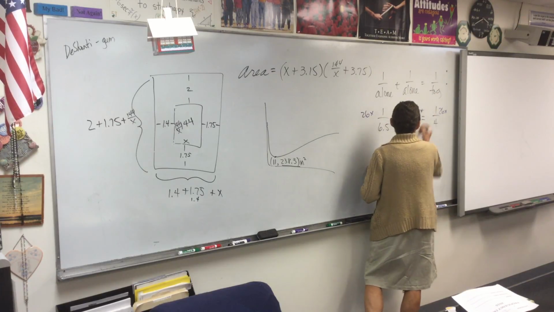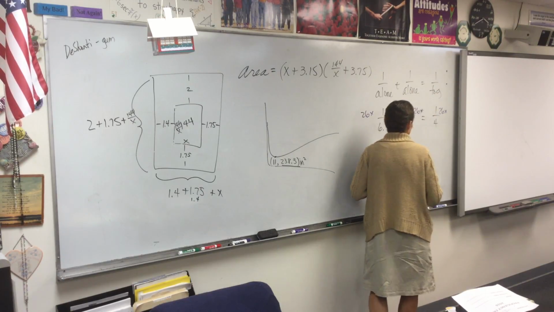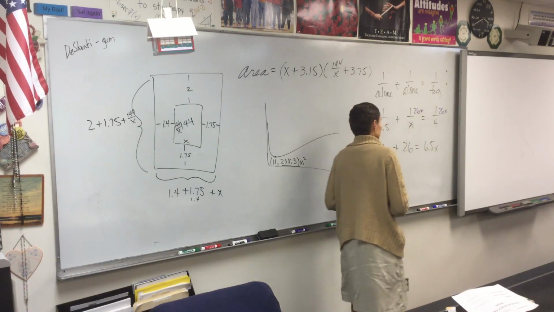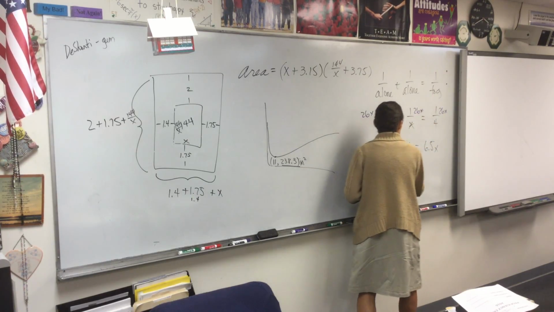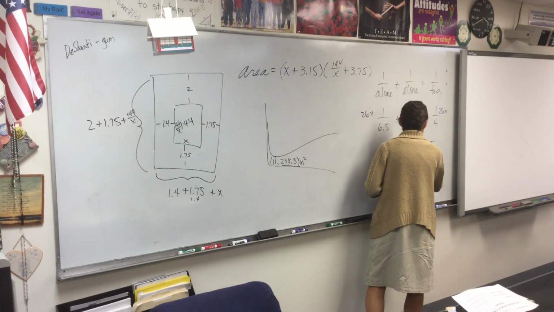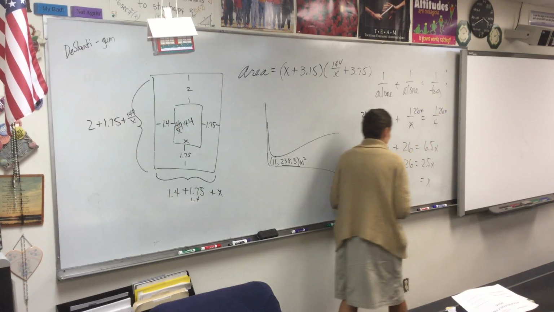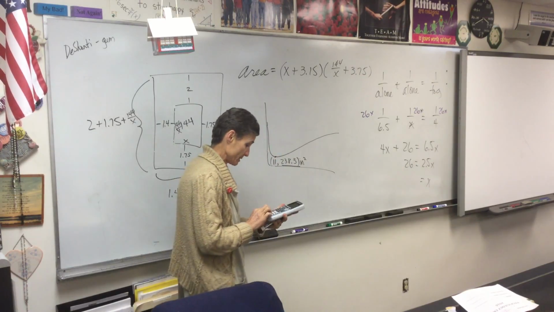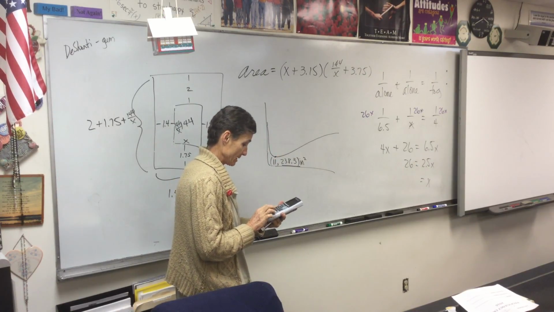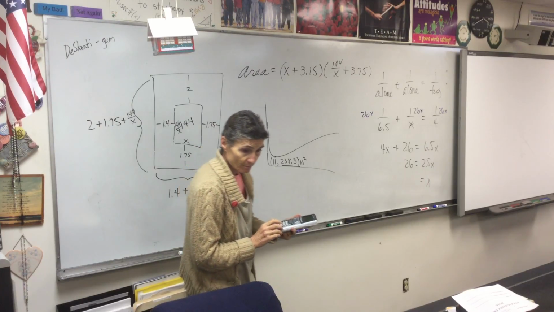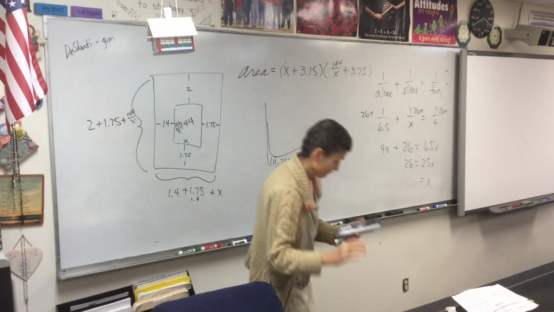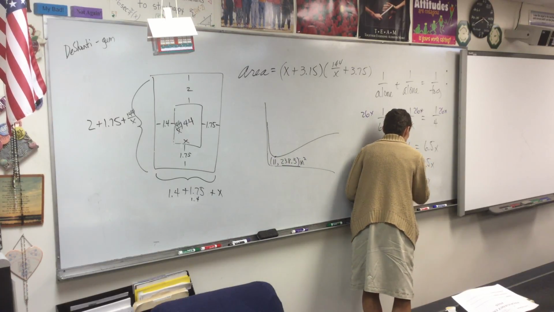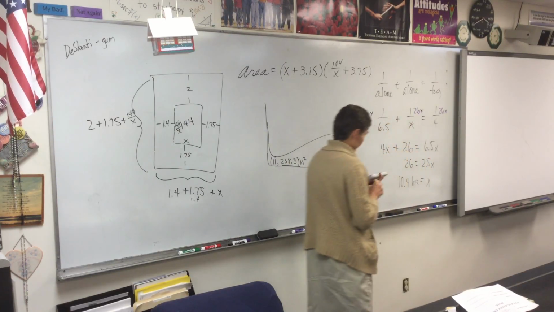This is going to leave me with just 26. And this is going to leave me with 6.5x. So 26 equals 2.5x, and x equals whatever 26 divided by 2.5 is. 10.4? So it takes him 10.4 hours to do the job alone.